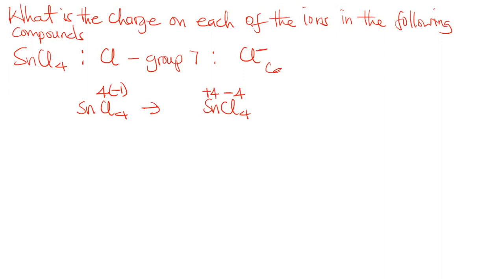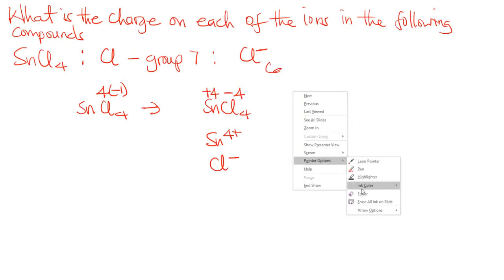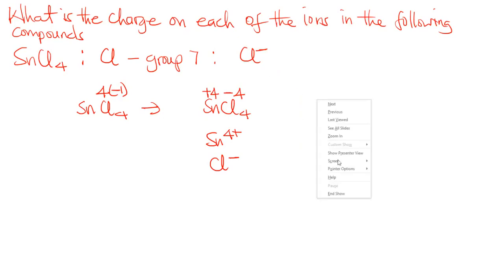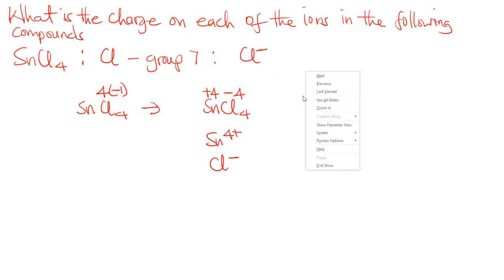So the ions we have are tin 4+ and chlorine -. So these are the ions present in this compound.